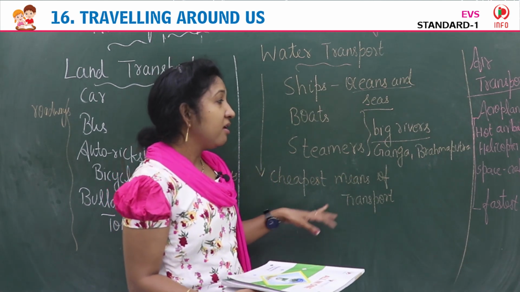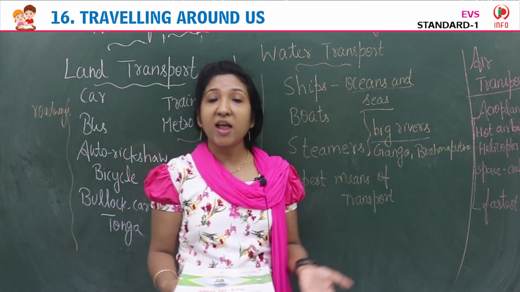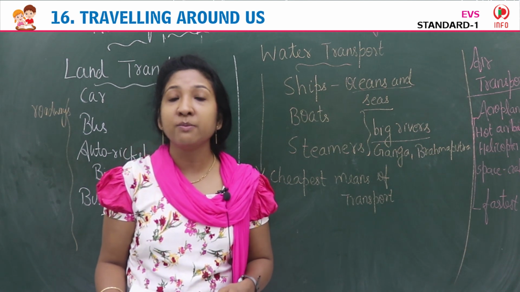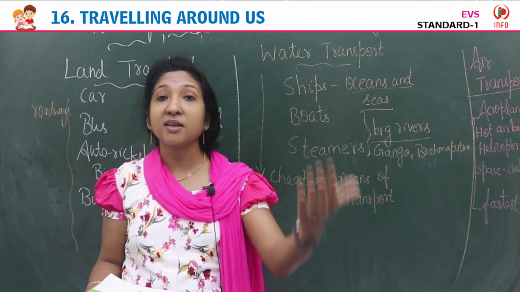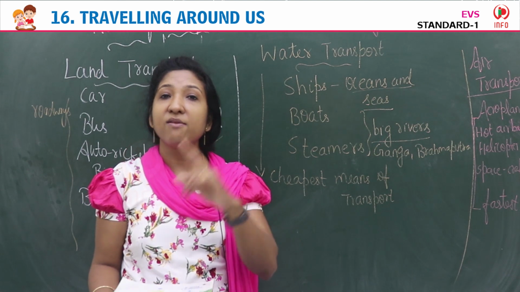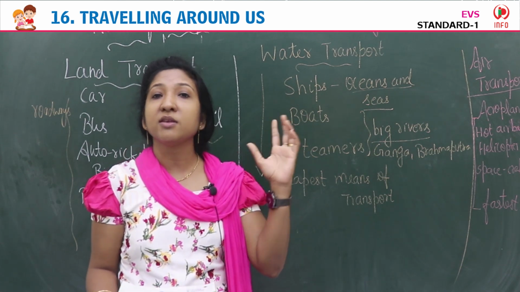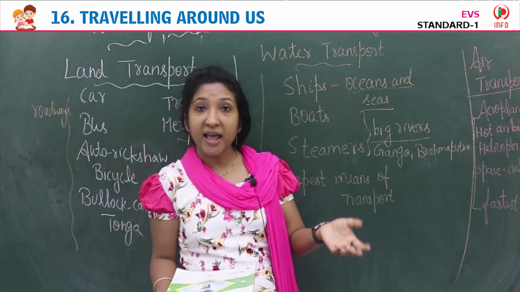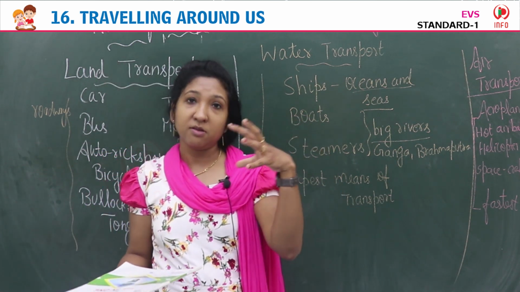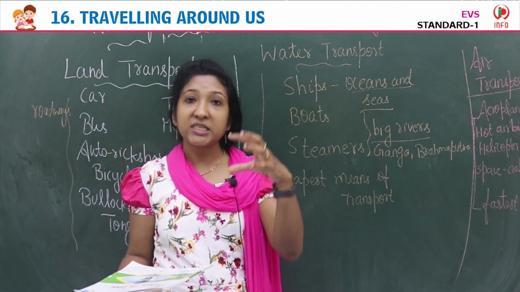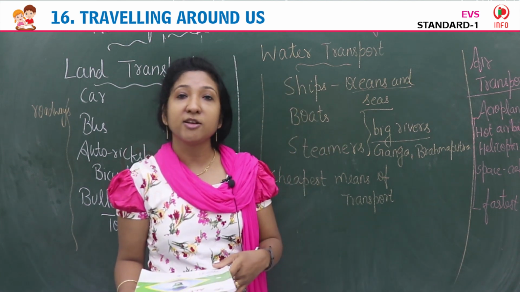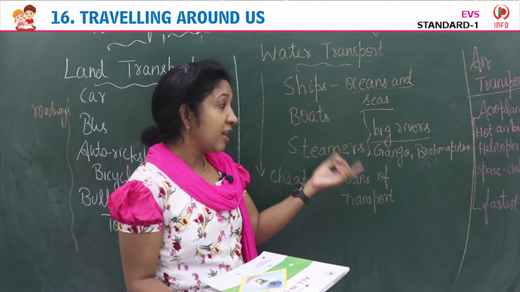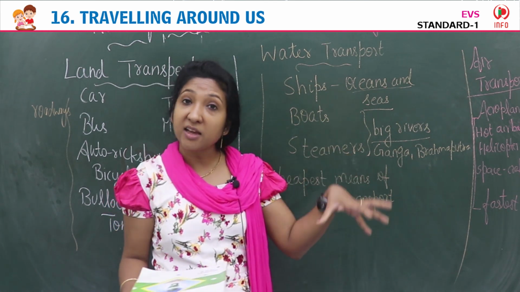Then we have air transport, which is the fastest means of transport, by aeroplane. We can travel to another country, also we can travel within the country using aeroplane. Yes, it saves our time. Within very less time we can reach another country also. And examples: hot air balloon, helicopter, spacecraft, these are all air transport.